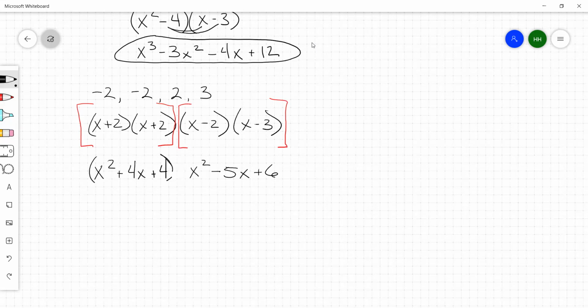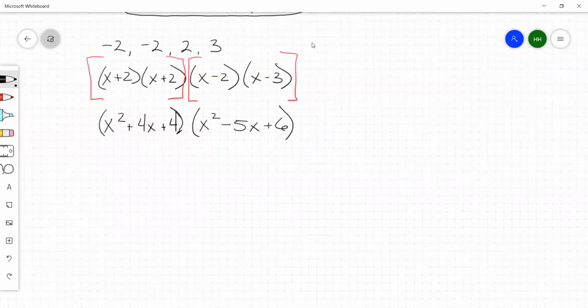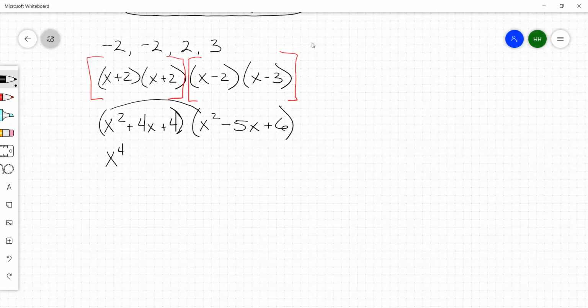So now I've got, actually it's not a plus in there, I take that back. We've got a trinomial on the left that's got to get multiplied by a trinomial on the right. So this is a lot of distributive property. This is x squared times x squared, x to the 4th. It's x squared times -5x, which is -5x to the 3rd. And then it's x squared times +6, which is +6x squared.